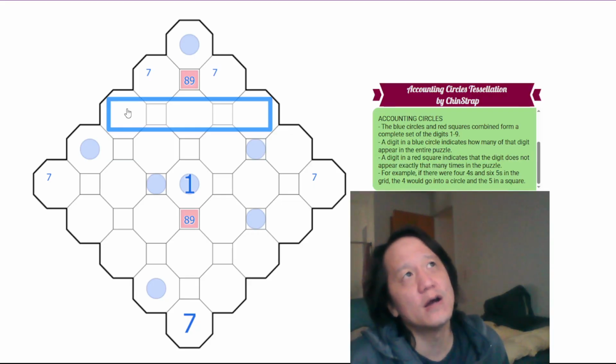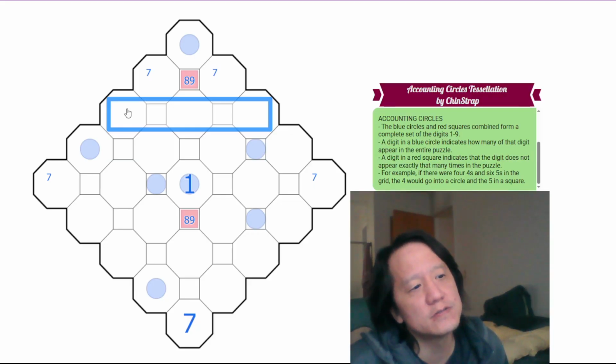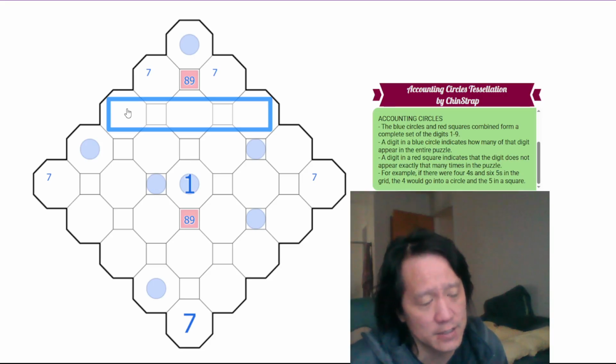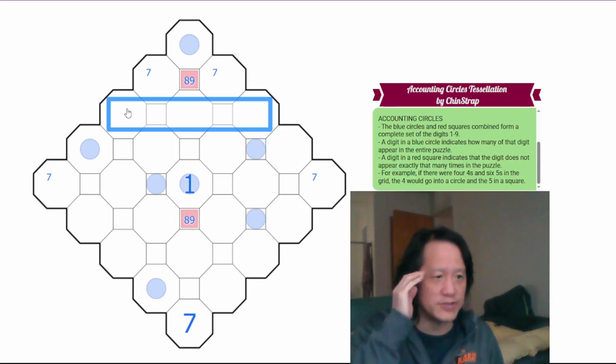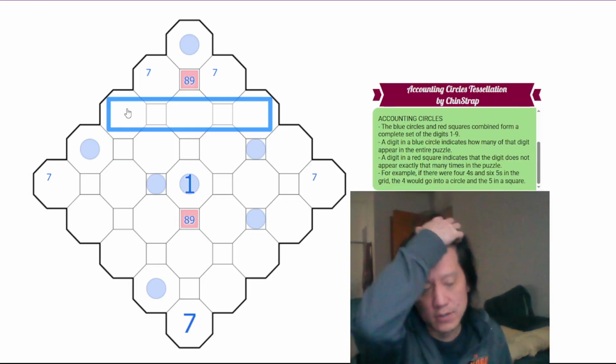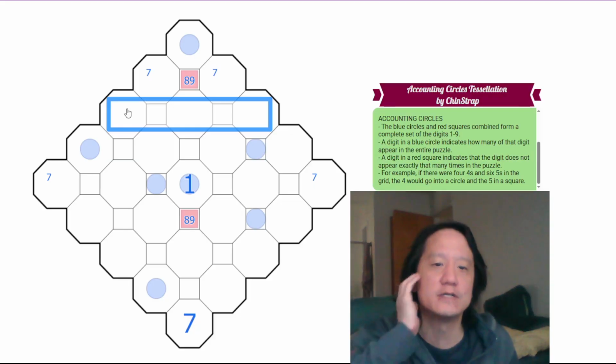We either have 7 8s and 6 9s, or 6 8s and 7 9s. Because you can't have 8 of a digit at all in the grid.